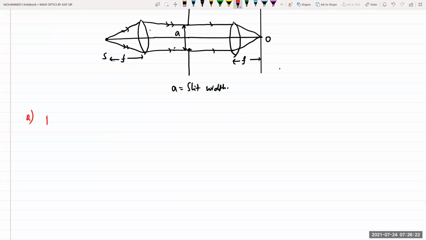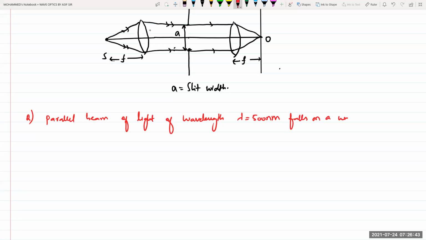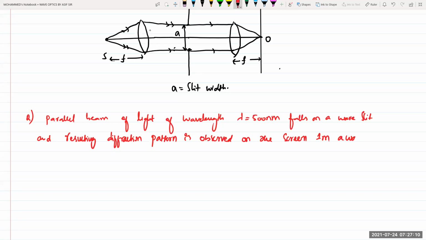See this question. A parallel beam of light of wavelength lambda equals 500 nanometer falls on a slit and the resulting diffraction pattern is observed on the screen 1 meter away.